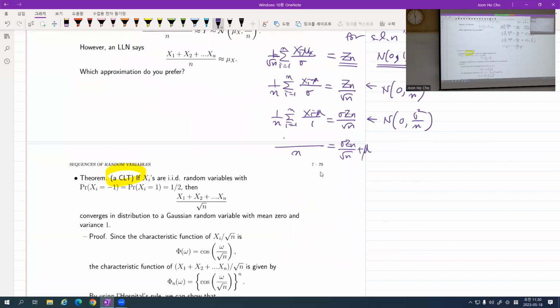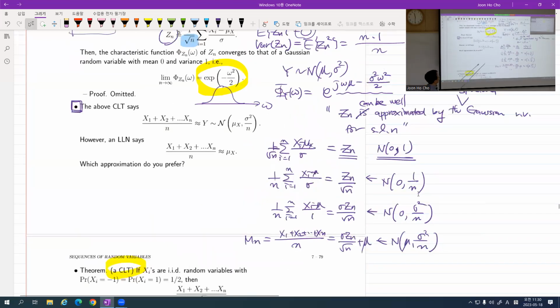You have x bar n, which is m sub n, and this is well approximated by this one. Got it? So it seems that your central limit theorem claims, again, that the arithmetic mean can be well approximated by a Gaussian random variable with mean mu sub x and variance sigma squared divided by n, right?